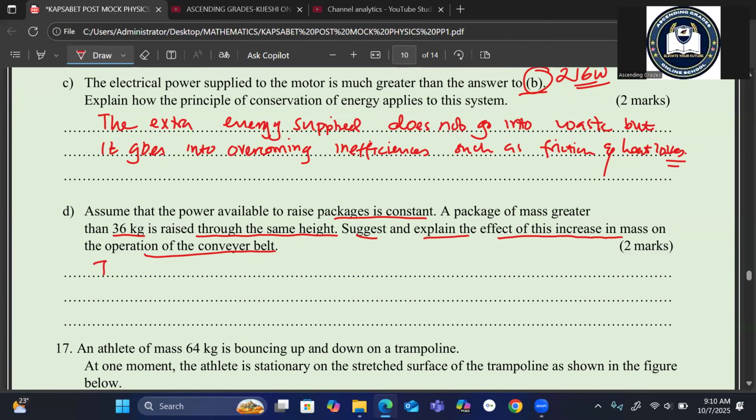So the time taken to raise it increases due to increase in weight or mass of the loads.